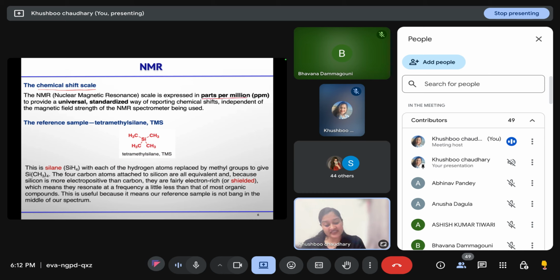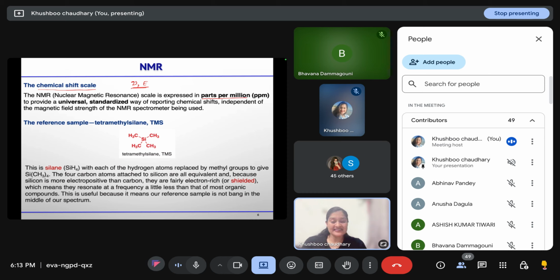If we consider energy or frequency as the scale, and we change the applied magnetic field, suppose we run a sample of ethanol in a 400 megahertz machine or in a 600 megahertz machine, then the position of the signals will change based on the applied magnetic field or the frequency of that machine.